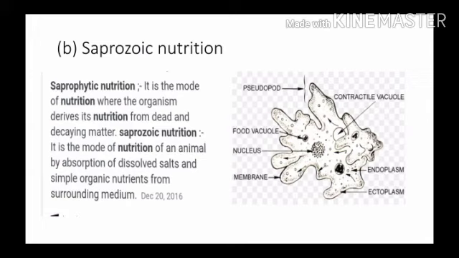Example, ants and spider. Saprophytic nutrition is the mode of nutrition where the organism derives its nutrition from dead and decaying matter. Saprozoic nutrition is the nutrition of an animal by absorption of dissolved salts and simple organic nutrients from surrounding mediums.